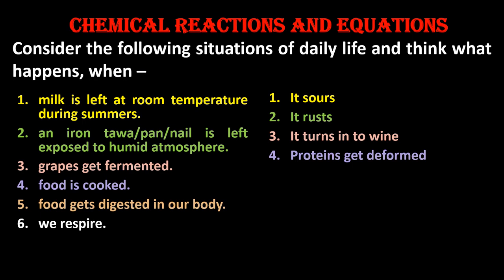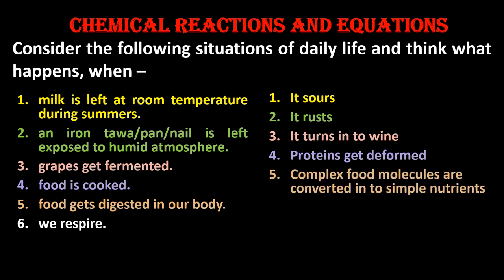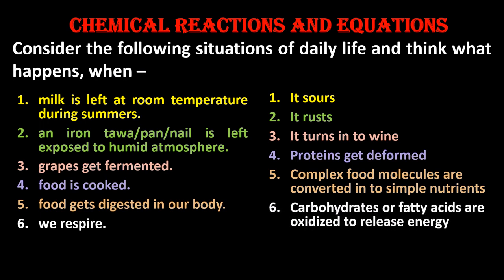When food is cooked, its properties change as the constituents in it, like proteins, get denatured. In the fifth case, when food gets digested in our body, complex food molecules are converted into simple nutrients that can be absorbed and assimilated in our body. In the sixth case, when we respire, carbohydrates or fatty acids are oxidized to release energy in cells.